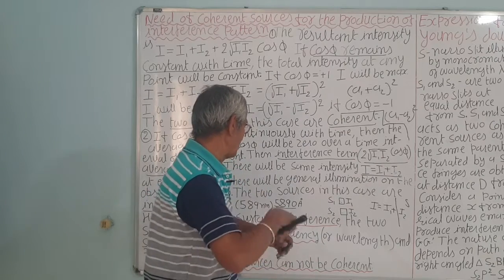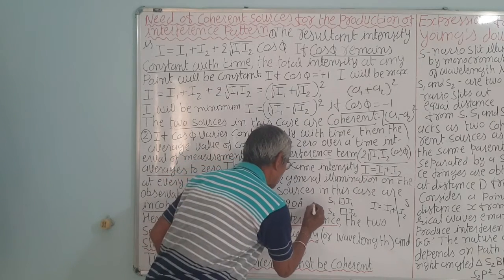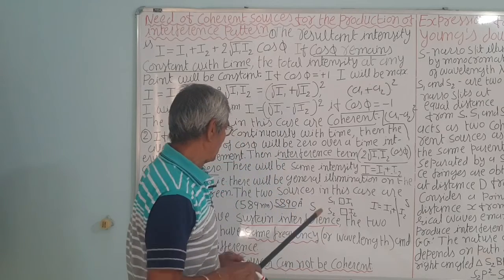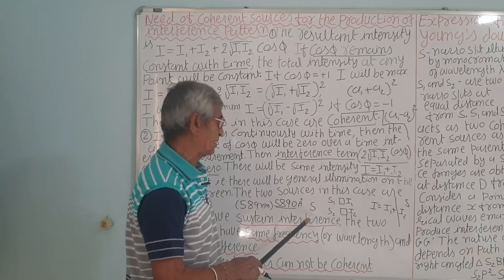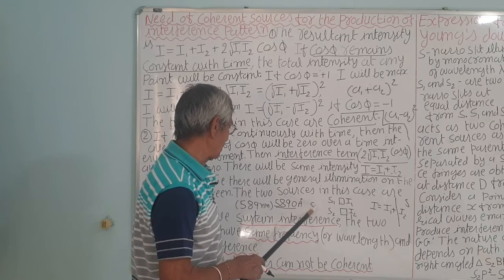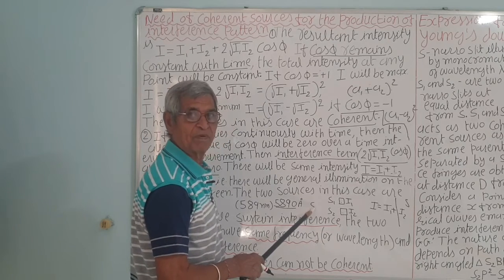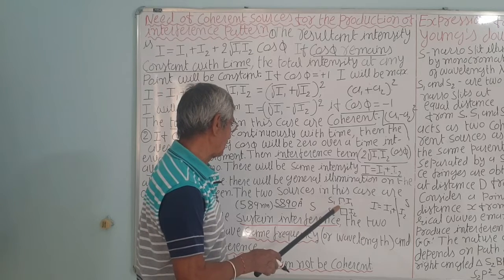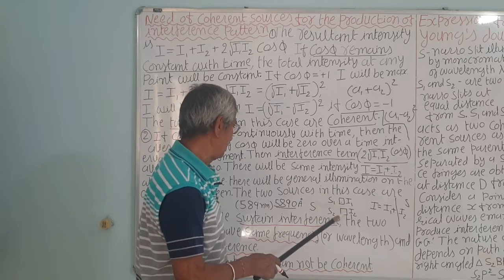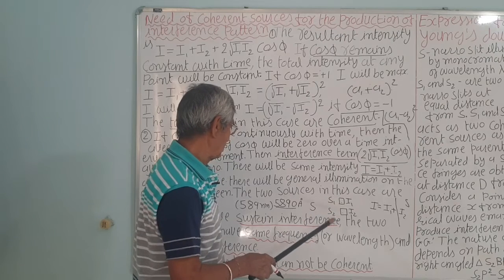Correct? Because in the case of coherent sources, S1 and S2 are obtained from one parent source S. So, whatever change takes place in the light emitted from the source S, the same phase change will take place in S1 and S2, because these are at the same distance.